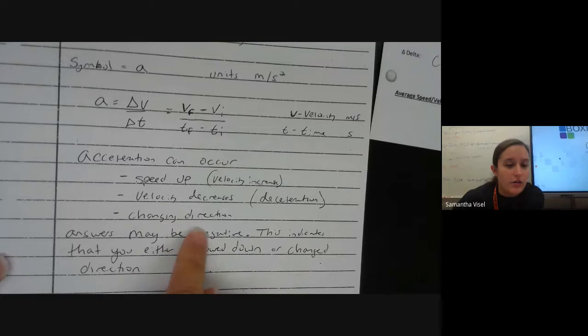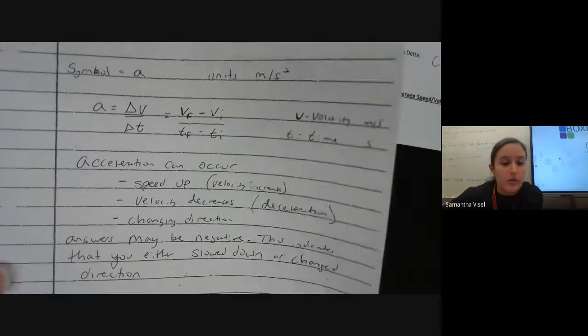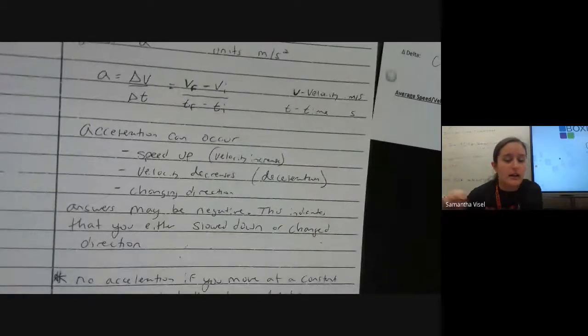You can also accelerate if you simply change direction. You could be maintaining a constant speed but still accelerate if you change direction. With a sharp right turn, you'd accelerate during that turn. If you're moving in a circle, you'd constantly be accelerating because you're constantly changing your direction.